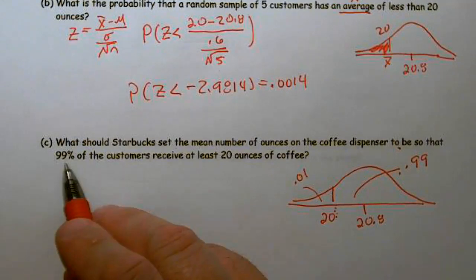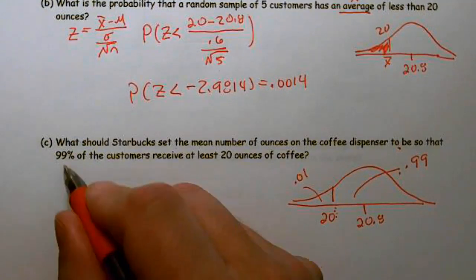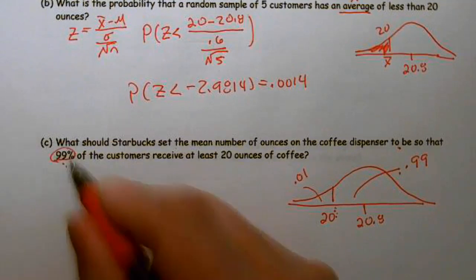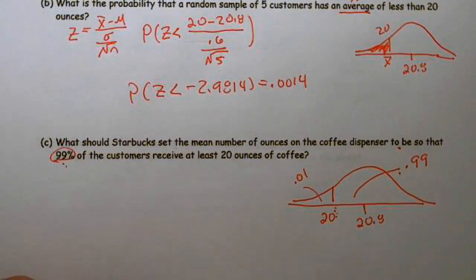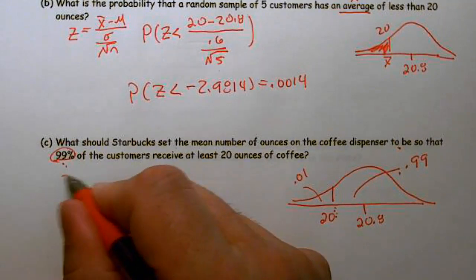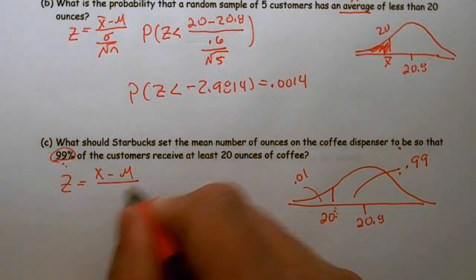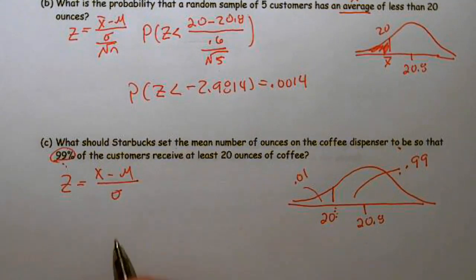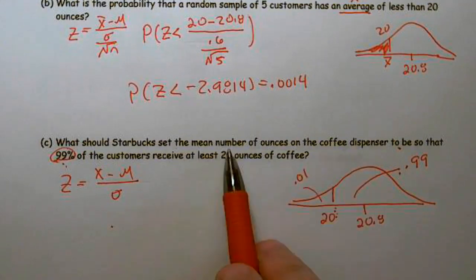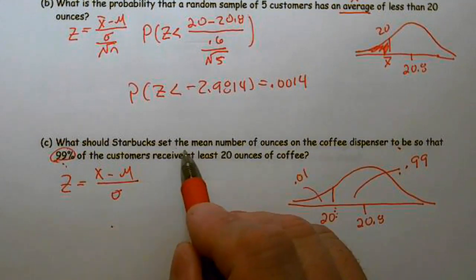All right. So they gave us a percent. When they give me that, I know I'm going to be using inverse norm. But generally speaking, I write this down, z equals x minus mu over sigma, and I start plugging in to find out what I have. It says set the mean number of ounces.